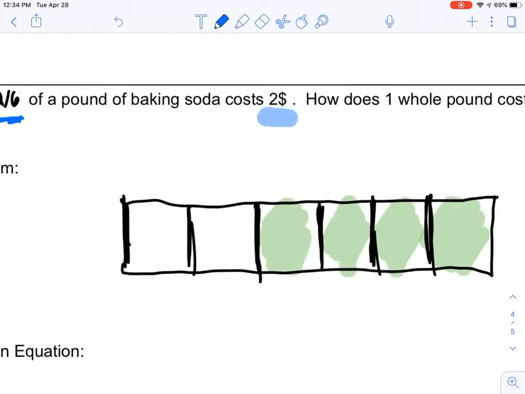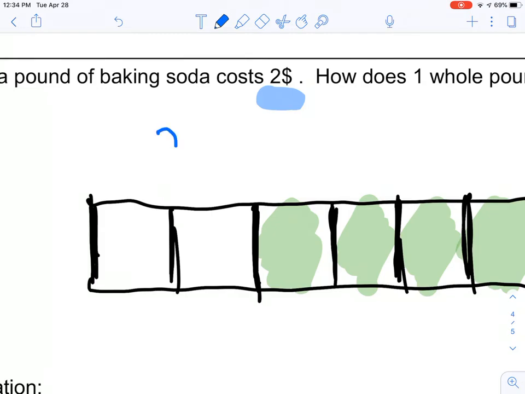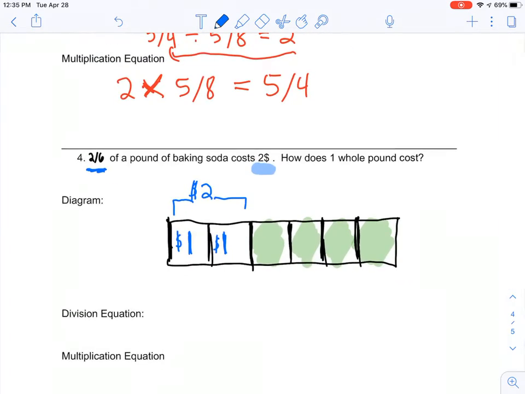So let's go ahead and put our $2 here. All right. And how do we divide $2 equally into 2 sixths? Well, if I give 1 to each group, that'll divide it equally. So now we just have $1 in each group. We can even make our little dollar signs. Pretty cool.